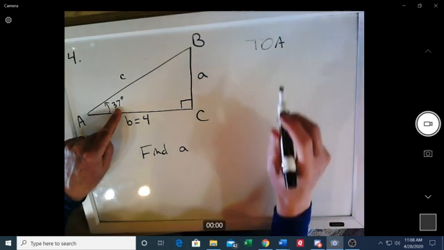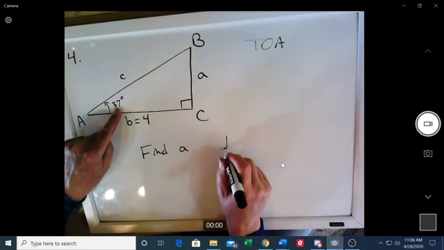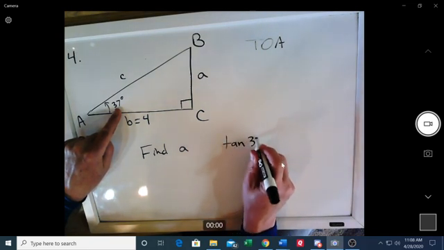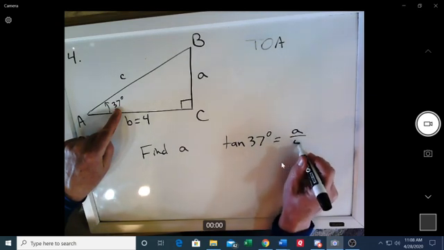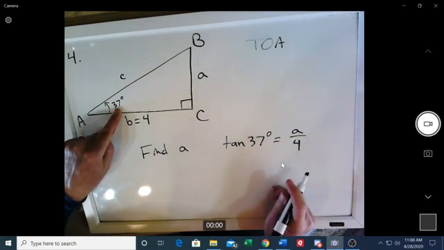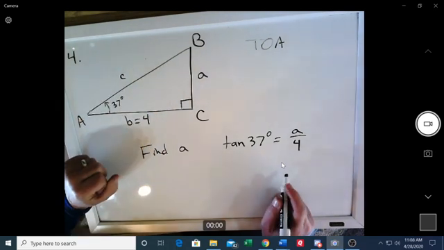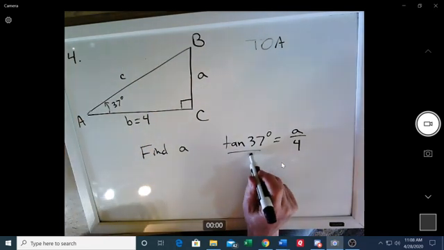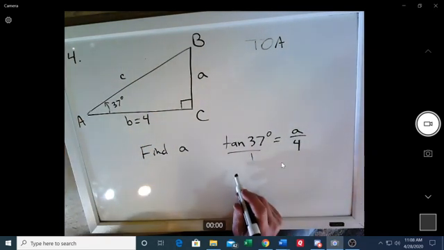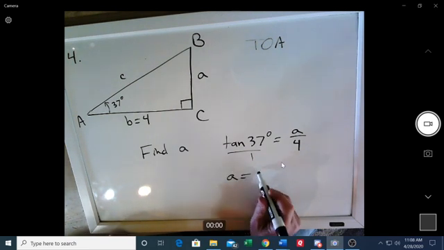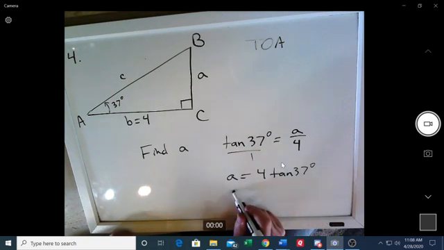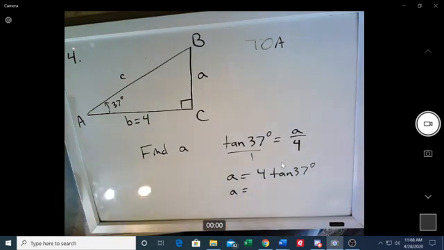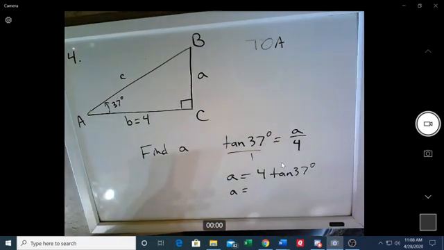Opposite over adjacent. So I want tangent of 37 degrees is equal to A over 4, opposite over adjacent. And then I make this over 1, I do the cross multiply. A times 1 is A, so A equals 4 tangent 37 degrees. And then I punch this into my calculator.